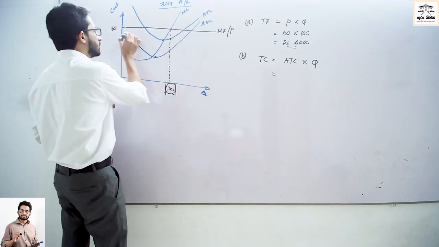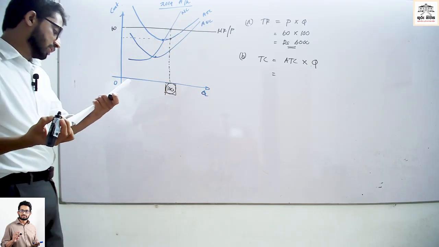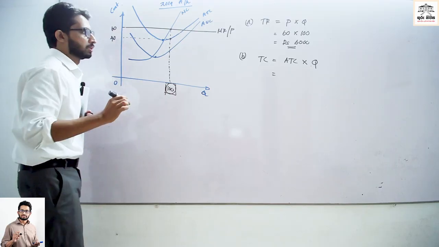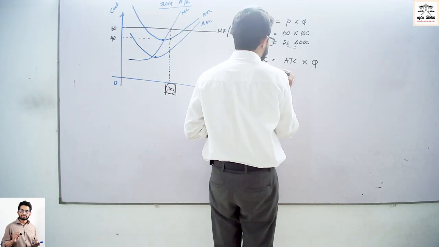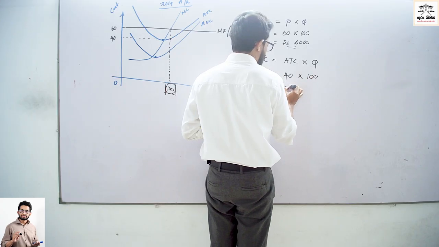The corresponding average total cost value is 40 rupees. It means at 100 units, average total cost is 40, quantity is 100 units, then total cost should be 4,000 rupees.